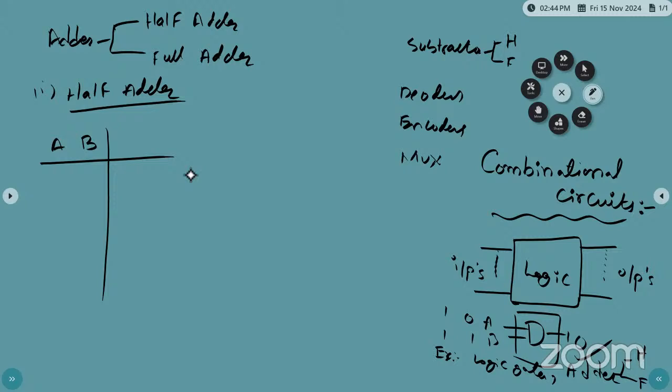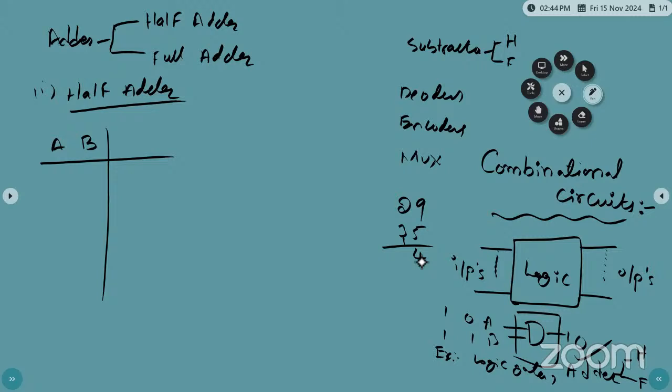Okay, now we can take one example: 9 plus 5. What is 9 plus 5? 14. Here 4 is the sum.